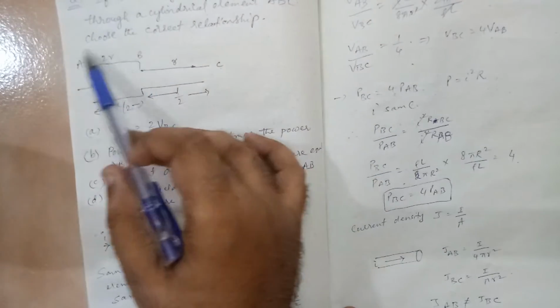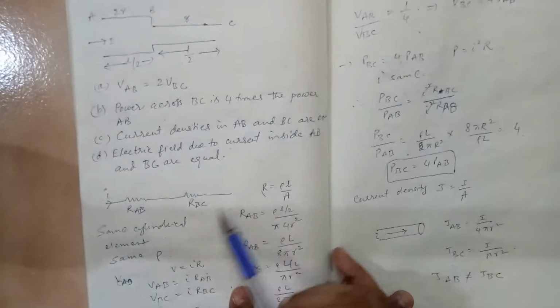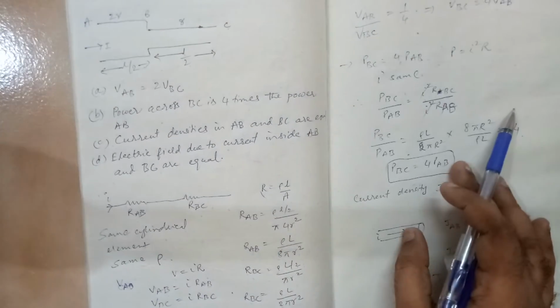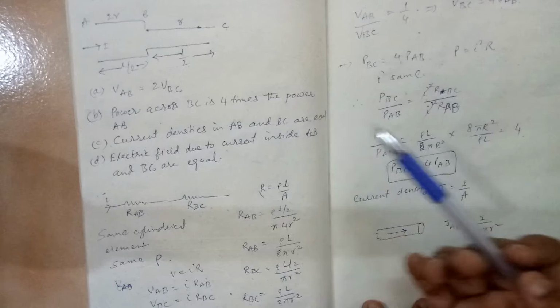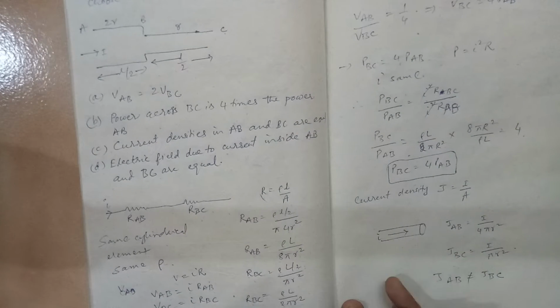Here we are indicating the resistance of AB by this symbol. So VAB is equal to I into RAB. Similarly VBC is equal to I into RBC. So VAB by VBC is equal to, I is common, so RAB by RBC.